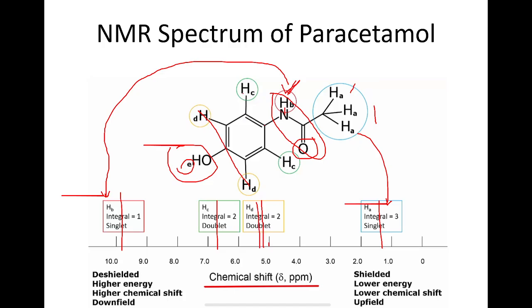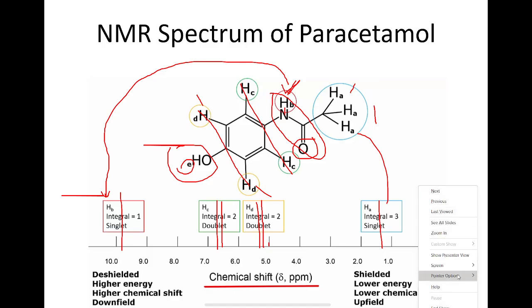And by looking at this one, this is one hydrogen, one environment, and they are neighbors to this hydrogen and that hydrogen. This will split that into a doublet, this will split that into a doublet. But the doublet is in exactly the same location, so we only get one doublet, not two. So we have a singlet for these three, and we have a singlet for that.